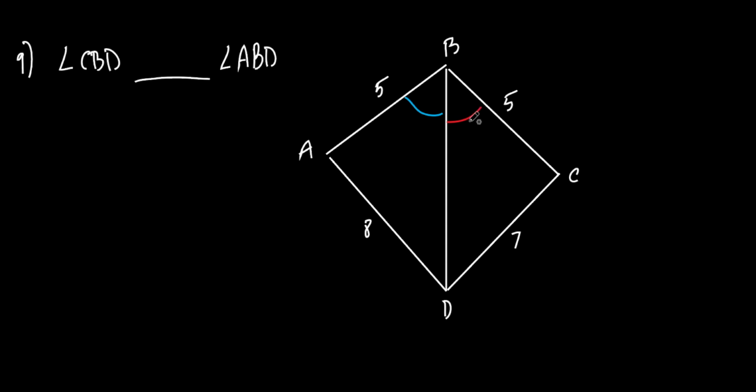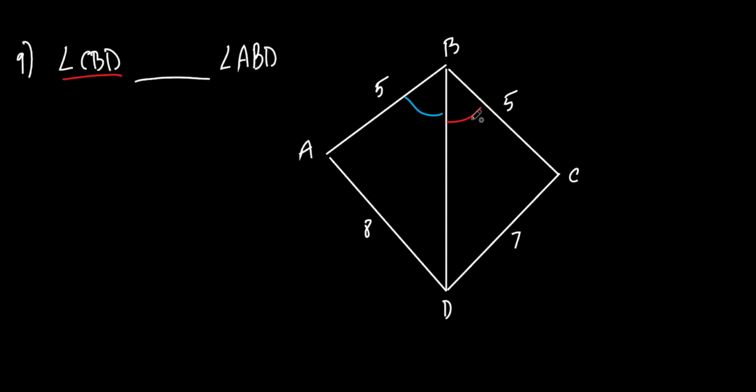Very good. Okay, the opposite side. So look at the red one. It's opposite the 7, correct? That's the CBD. Okay, that's the red one right there. Actually, I should write that in red, shouldn't I? So watch. Hang on. Let's finish this up. So CBD is opposite 7, and then ABD is opposite 8.